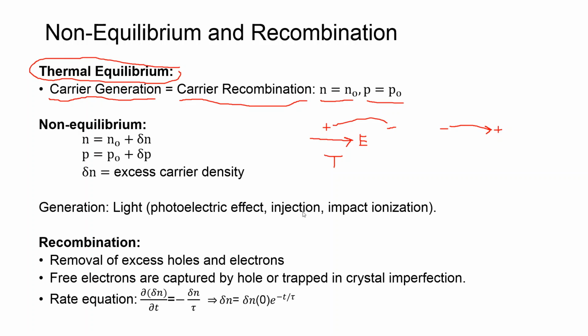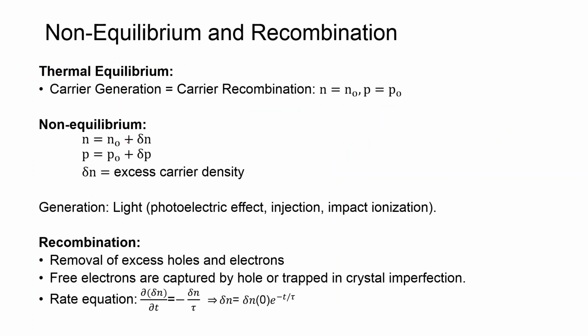Now, what is non-equilibrium? Suppose we have some n naught number of electrons and we have added some excess free charge carriers by some means. If by any means we have added delta n electrons per centimeter cube, then we will say that this system is in non-equilibrium.